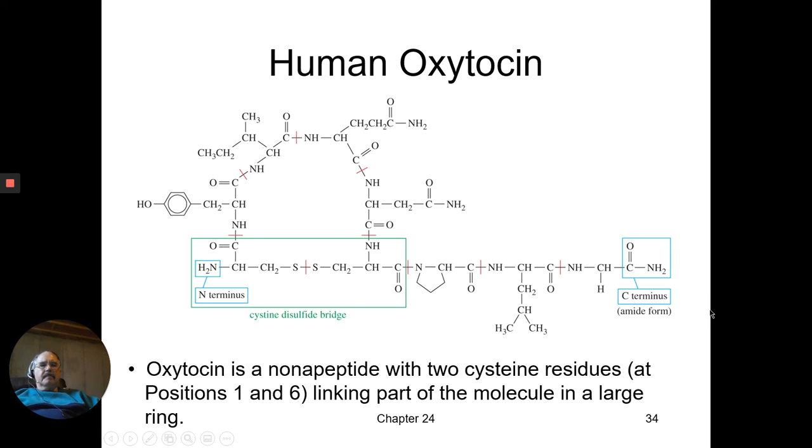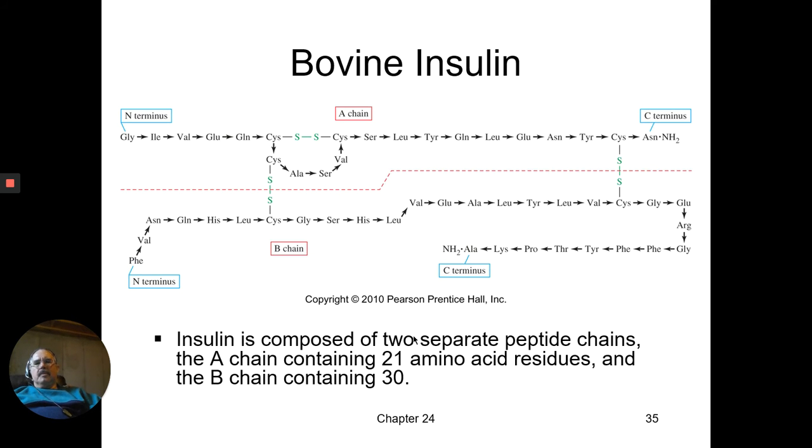Here is the C terminus, but it's in the amide form. Here's bovine insulin. Insulin is composed of 2 separate peptide chains. There's the A chain containing 21 amino acid residues, and the B chain that contains 30.